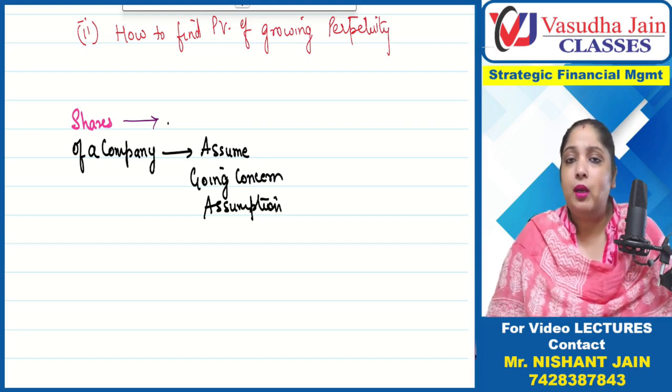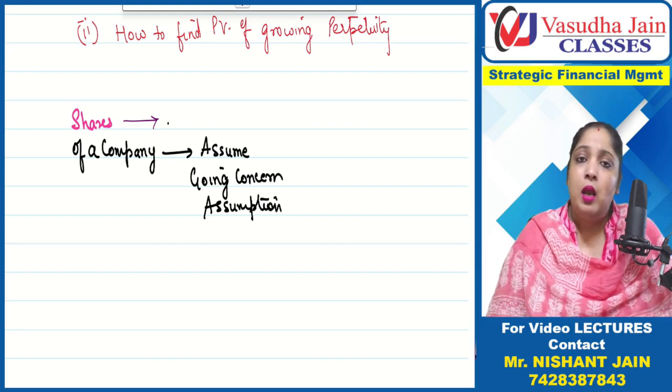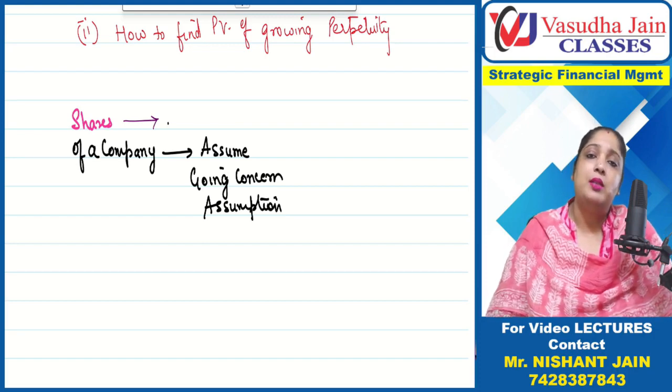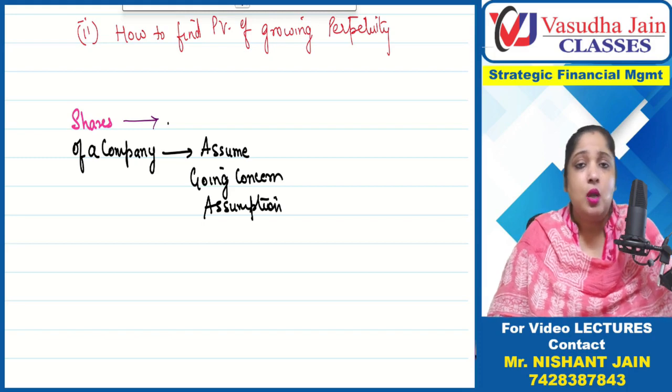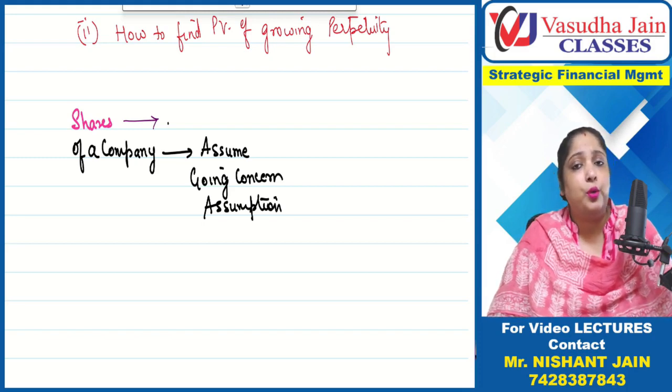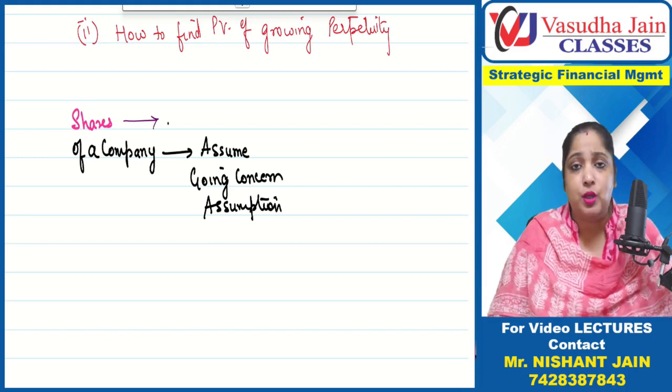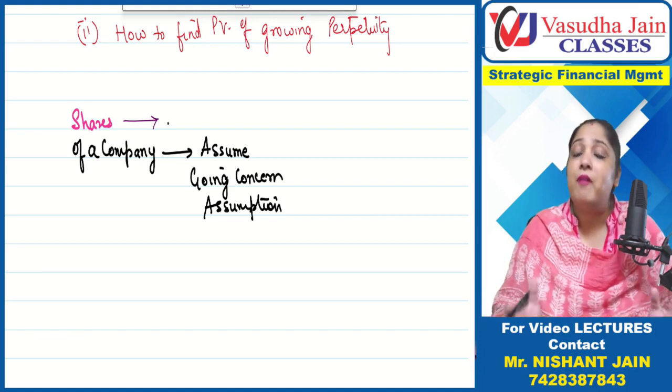Whenever you open a company, when you start a venture, do you ever think that I'm going to run this venture for 2 years, 3 years, 4 years? No, you always assume that this venture is going to run forever. This is called an assumption. We assume that the organization is going to run forever.